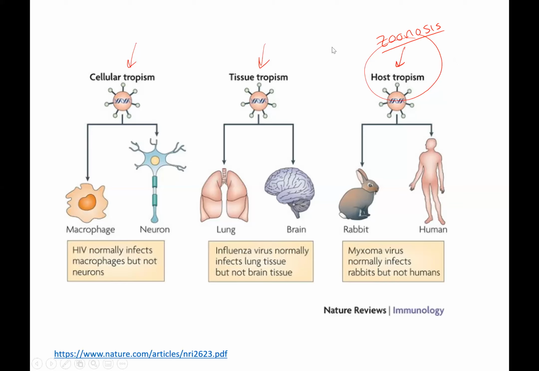Okay, so that's a general overview of what tropism means, and what we're generally most interested in is the specific cell types, because that relates to the tissue and then can relate to the host.